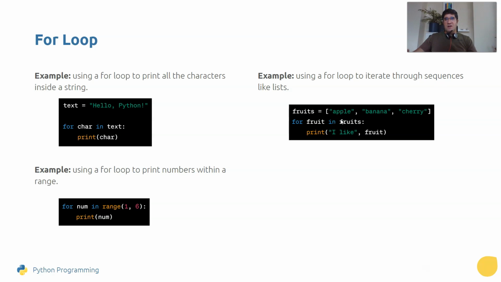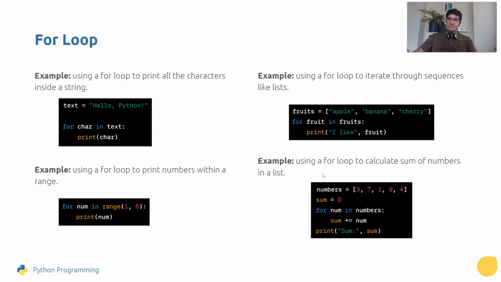So we say for fruit in fruits, print I like fruit. For the first time, the first item from fruits, which is apple, will be assigned to fruit, and it will print I like apple. Then we go back and it will assign banana to fruit, and then it will print I like banana, and so on until the end of the list.